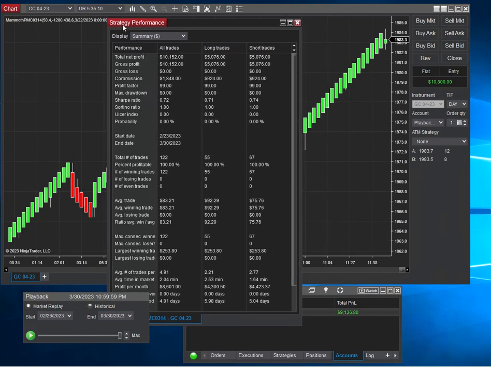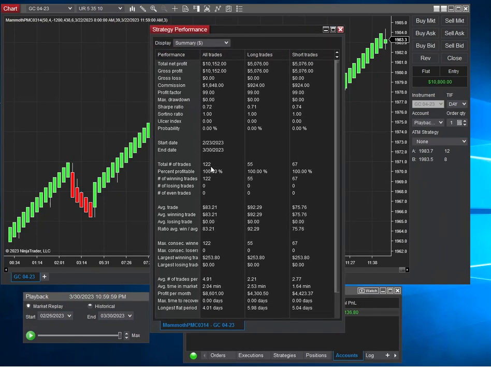Okay. We have 122 trades from the 23rd and 30th. Ratio average win over average loss is 83.21. Of course, profit factor is 100% because there's no loss.